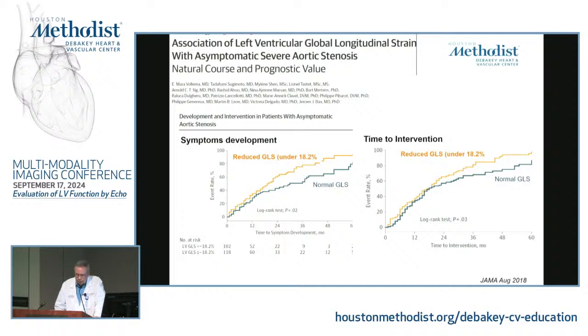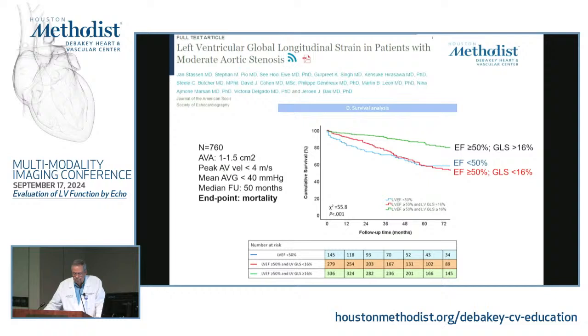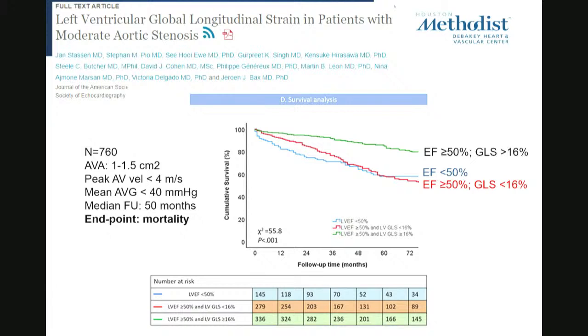But then this next paper really made it even more challenging in terms of scratching our head on what to do with these patients. This is now moderate aortic stenosis, 760 patients, defined as a peak velocity less than 4, a mean gradient less than 40, and they were followed for 50 months. They only look at mortality.